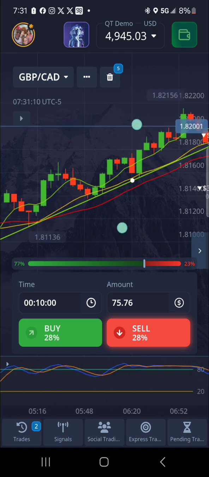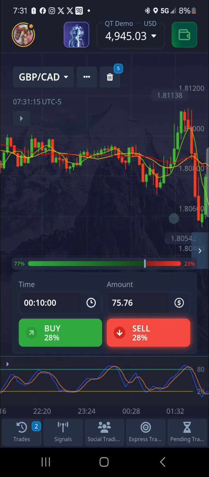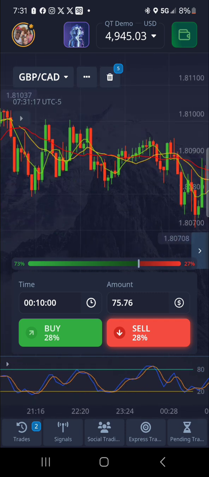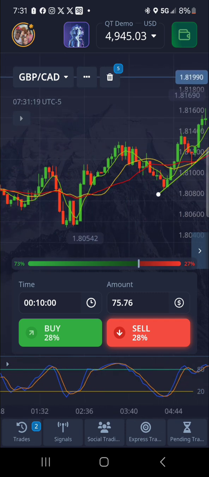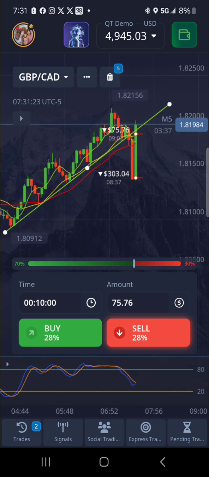But that's a pretty big jump. That's a huge jump, compared to what happened throughout all this. Yeah, so we'll see what happens. Goodness gracious, that was a huge jump though.